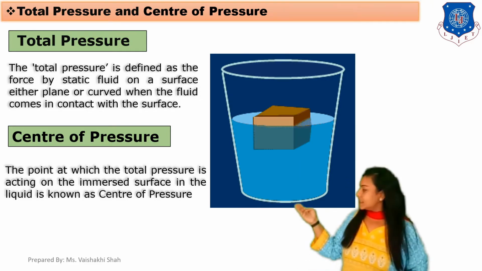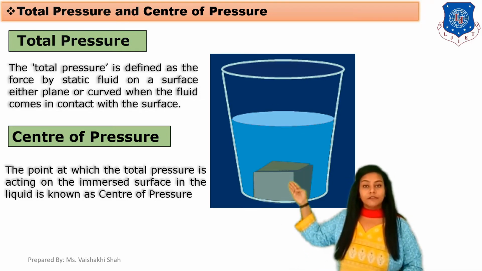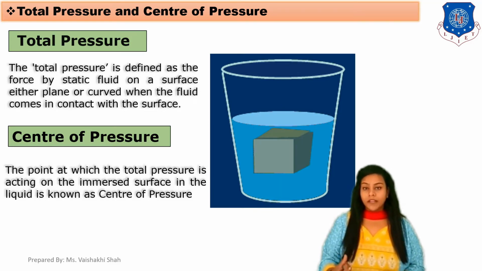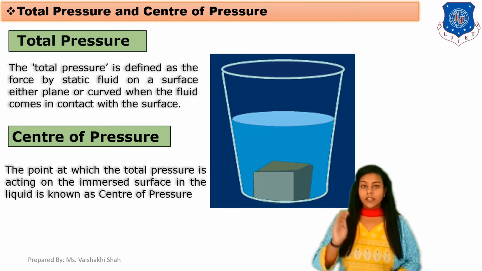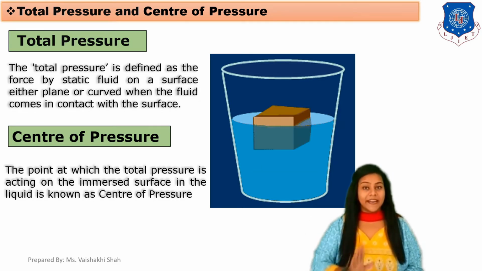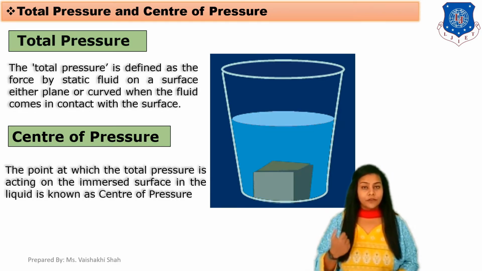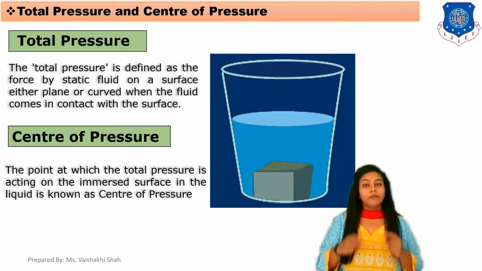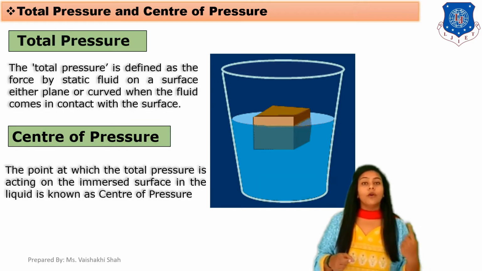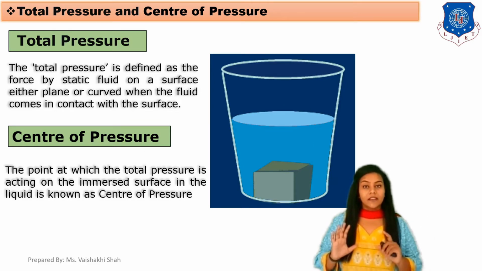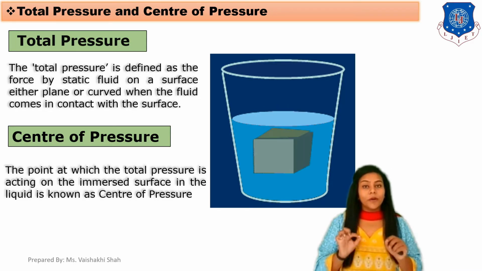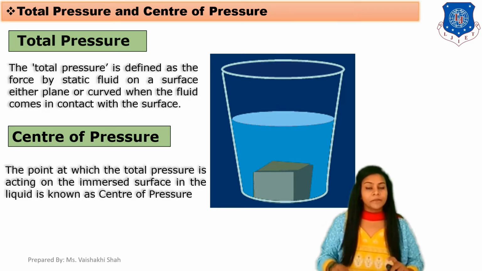Okay. Now our second definition is center of pressure. So center of pressure is the point at which the total pressure is acting. As you know, what is center of gravity? Center of gravity is that point from where mass of the whole body is acting, weight of the whole body is acting. So that point is called center of gravity.